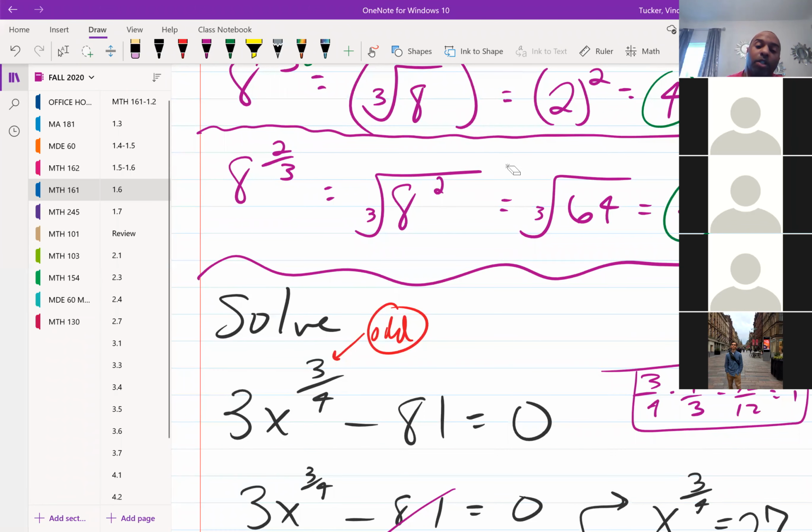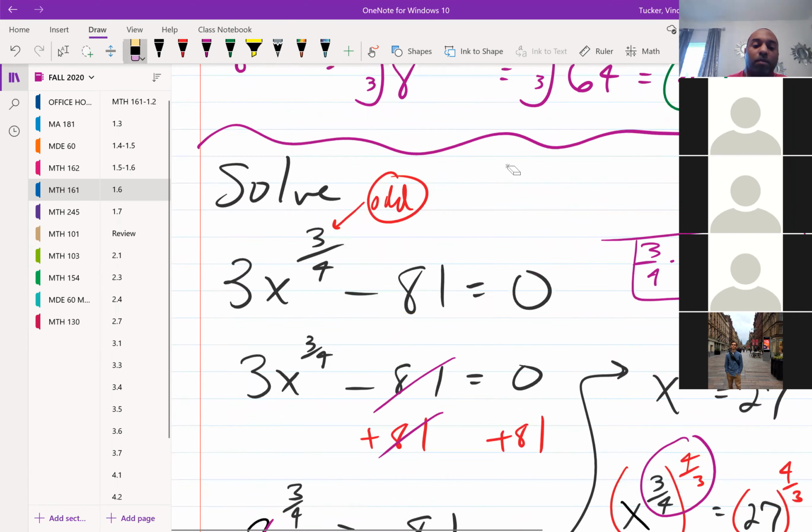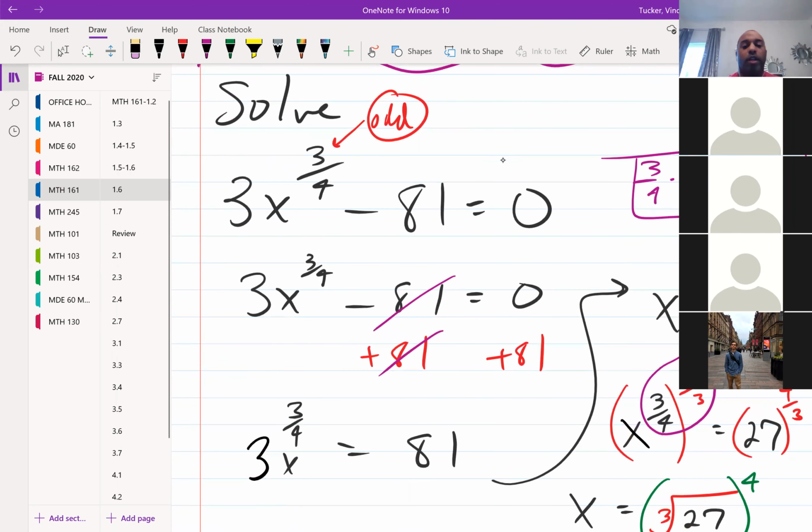Okay? So the first thing we'll do is add 81 to both sides. So that'll give us 3x to the 3/4 equal to 81.